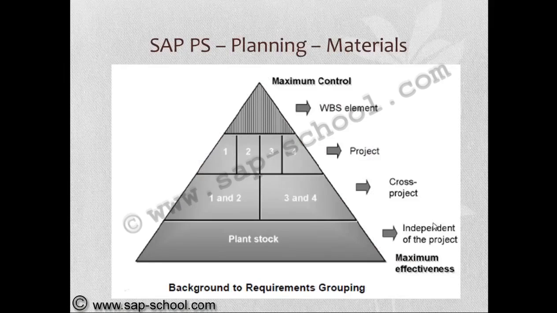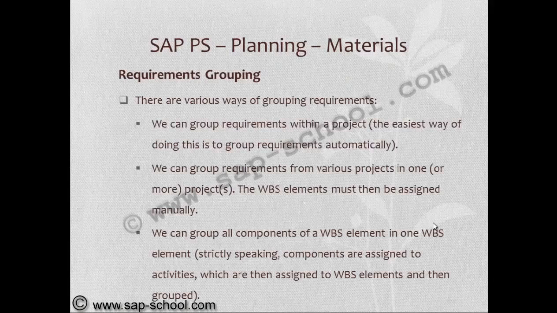So if you see the background to requirements grouping, we can have WBSs, different projects, cross projects, independent of project. Ultimately everything will have the plant stock. If it is a single WBS element, you have maximum control, and if you are independent of the projects, you have very little effectiveness.